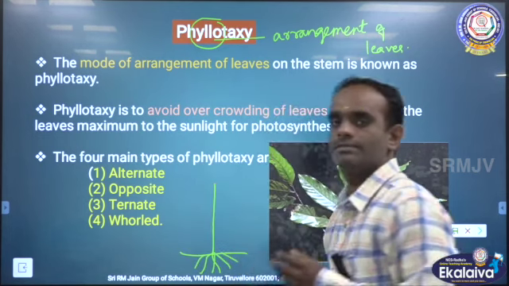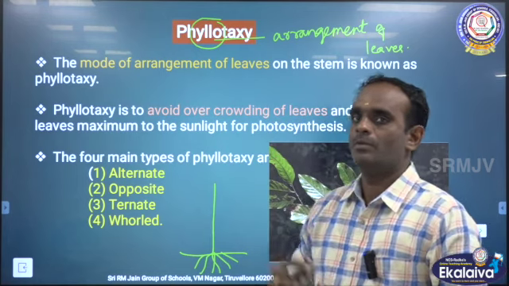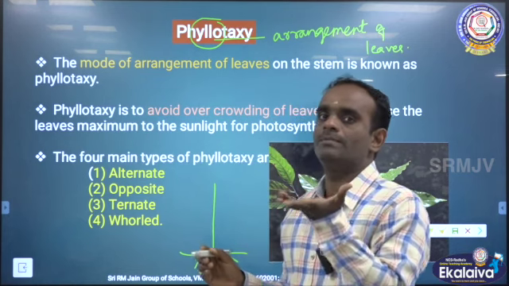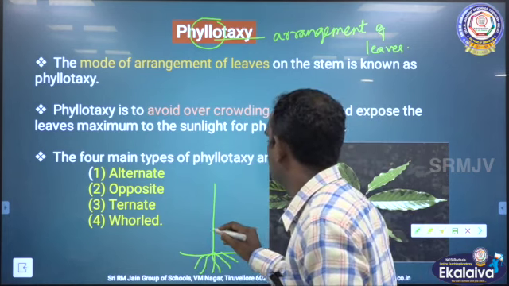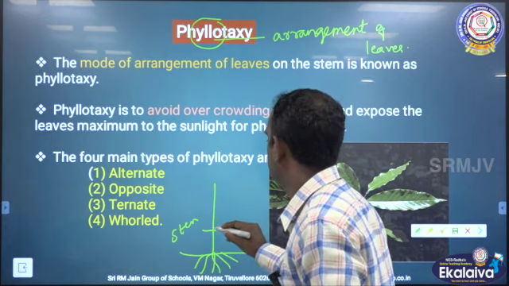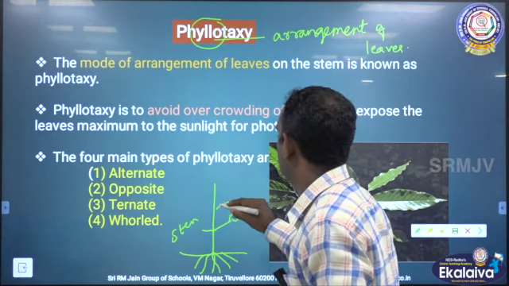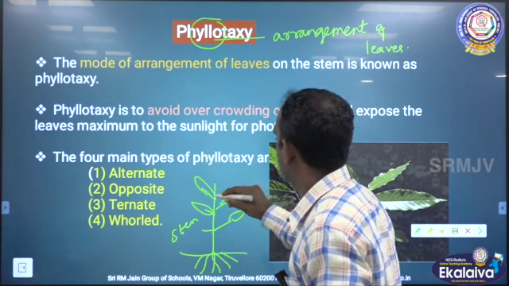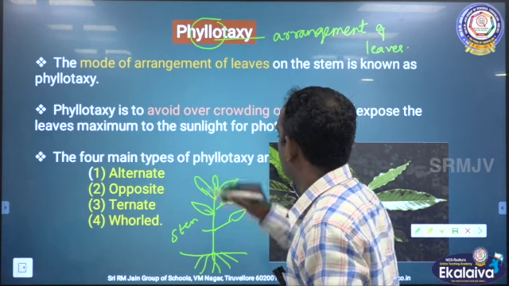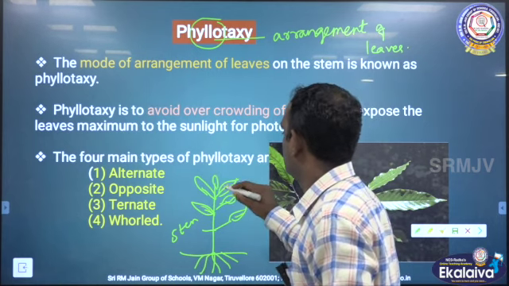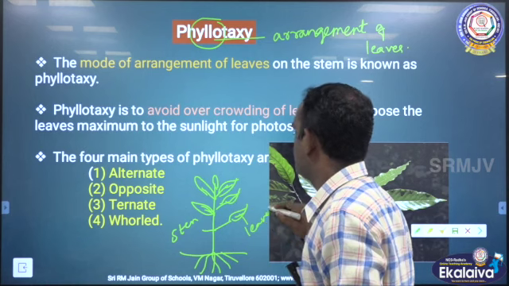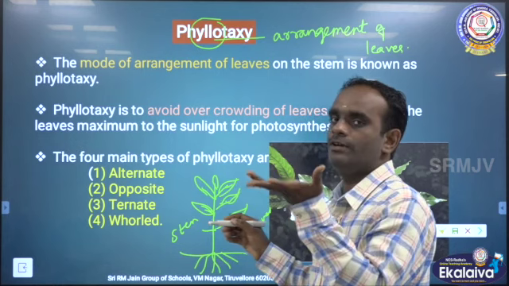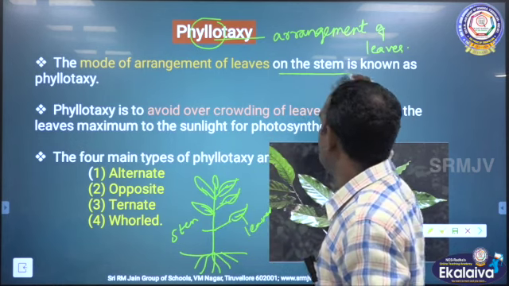a plant has two major parts. One is the root system, another one the shoot system. The shoot system comprises of stem, leaves, etc. So, the mode of arrangement of leaves on the stem.